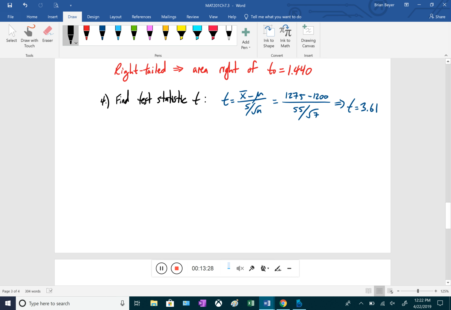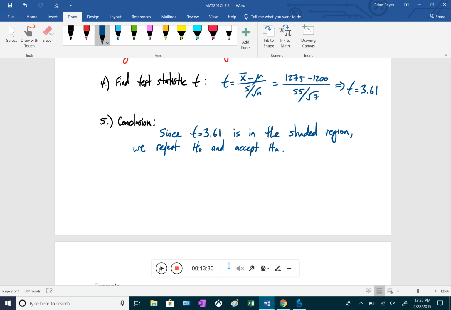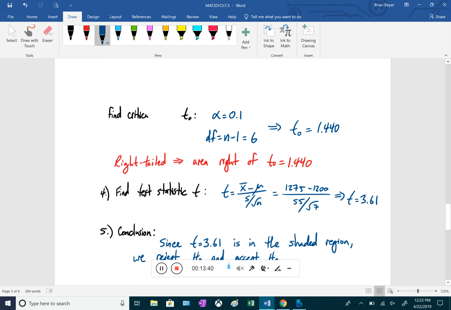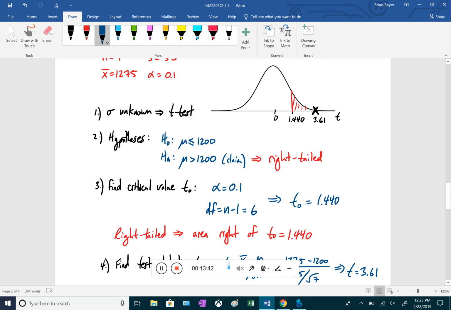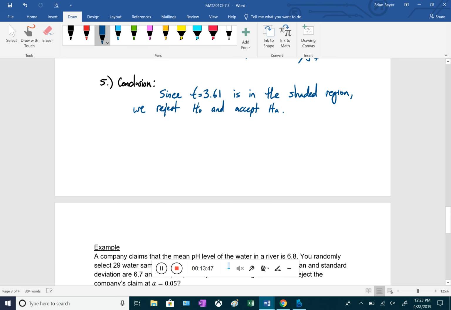So for the conclusion, since our t-value, our test statistic, is in the shaded region, we reject the null and accept the alternative. So let's say this in words again. So we are rejecting the null and accepting the alternative. The claim was the alternative, so we are accepting the claim here.